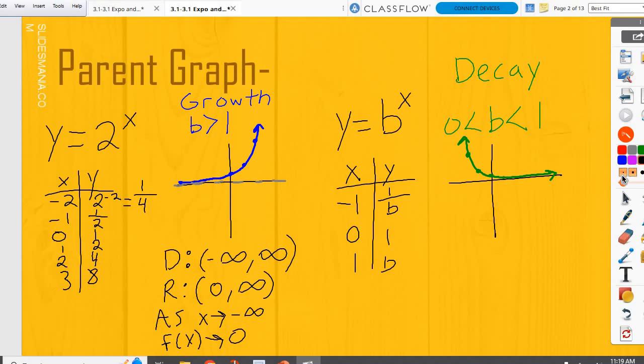So now your domain and your range are still the same, but now as x goes towards positive infinity, f of x goes towards 0. Again, just describing that behavior for our asymptote.